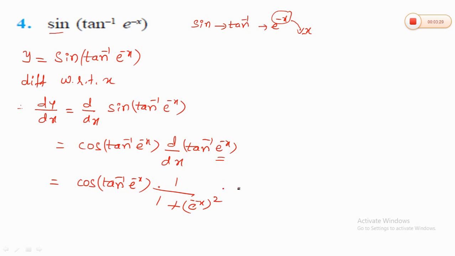So again dy by dx of, after tan inverse we have to differentiate e raised to minus x. Therefore here, cos of tan inverse of e raised to minus x, 1 upon 1 plus e raised to minus 2x.